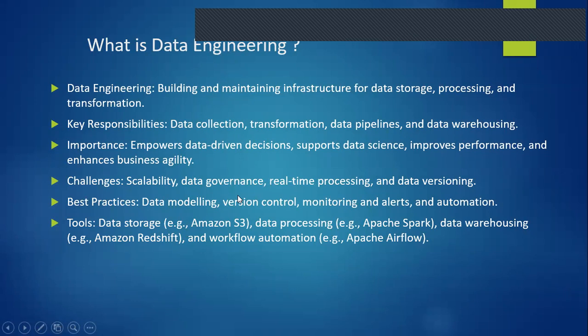And this data comes in various shapes. When I say various shapes, what exactly does it mean? Data can be in the form of files, right? The normal CSV or text files. The data can be in the form of a JSON structure, which is semi-structured in nature. JSON is a dictionary, right?